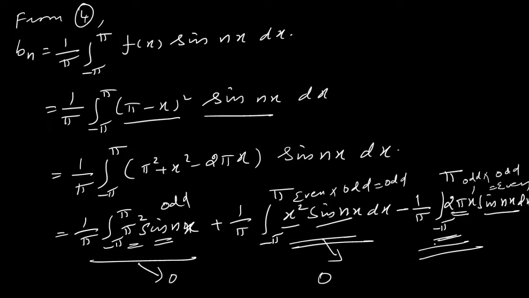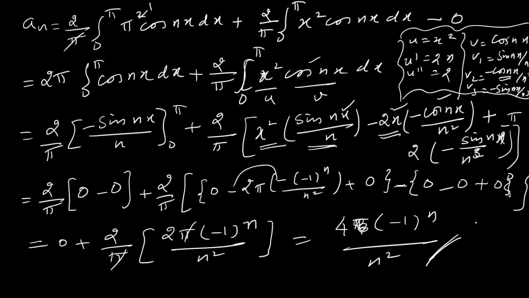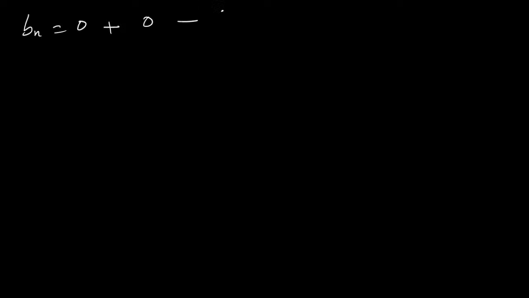So bn is equal to, first integral becomes 0 because the integrand is an odd function. Second integral becomes 0 because the integrand is an odd function, minus here 1 by pi minus pi to pi. So here minus pi to pi integral can be written as twice integral from 0 to pi. So already you have pi in the denominator.